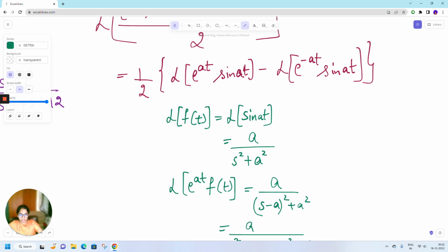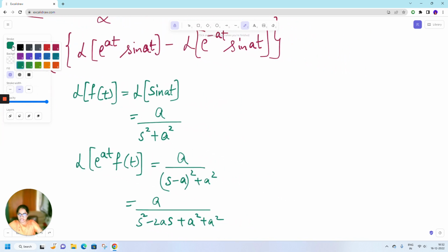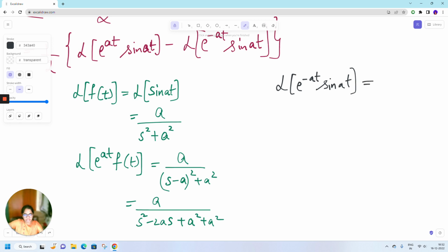Now moving on to the second part, let us find Laplace of e power minus at sine at. The same thing, Laplace of sine at is a divided by s square plus a square.